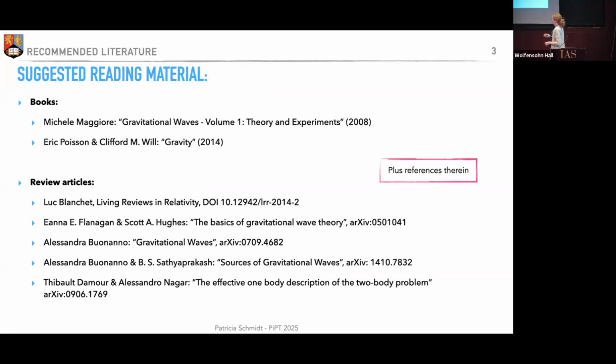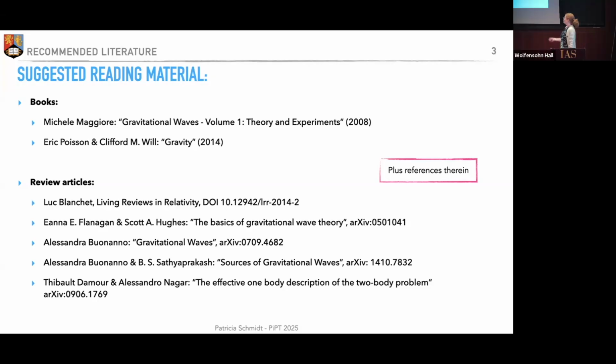Suggested reading material. So especially for the PN part, you will see the notes here now, which, as I said, is not a derivation of anything, but me trying to kind of signpost you and navigate you around the tools of post-Newtonian theory. And the key ingredient into waveform modeling follows Luc Blanchet's very big Living Reviews in Relativity article that you can find for free on the internet.